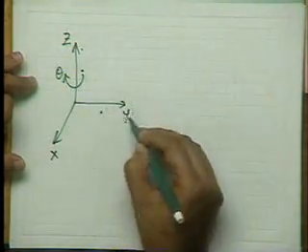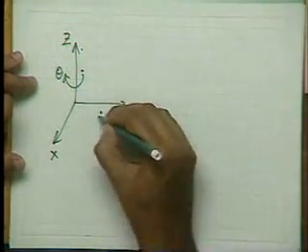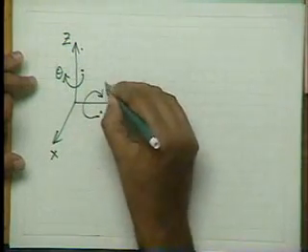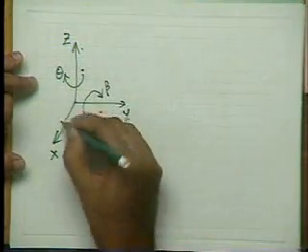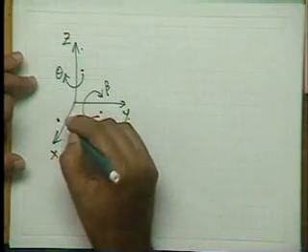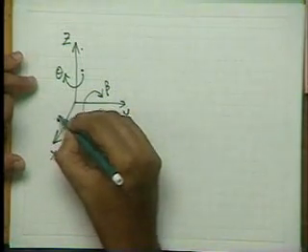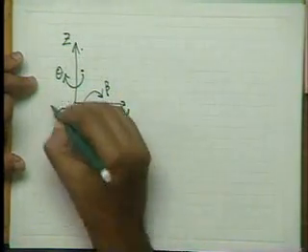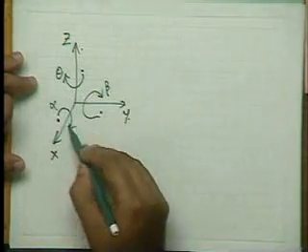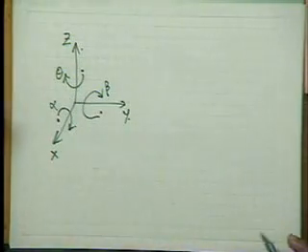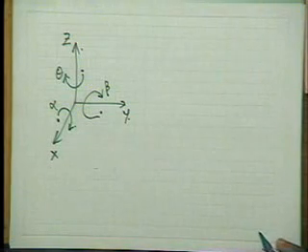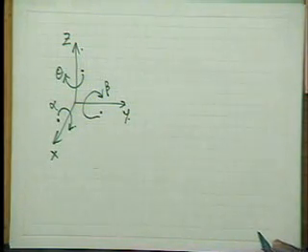If we consider the rotation around y-axis, the angle beta will be shown in this way. And if there is a rotation around x-axis, then we will define the angle as alpha, which is positive in this direction.